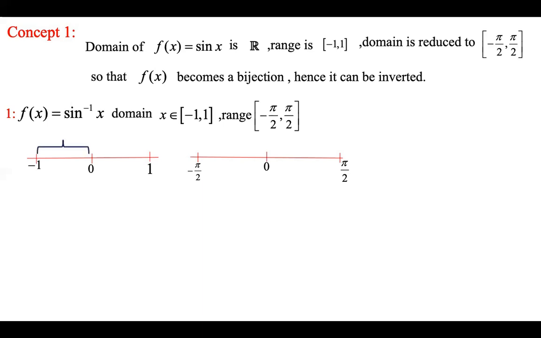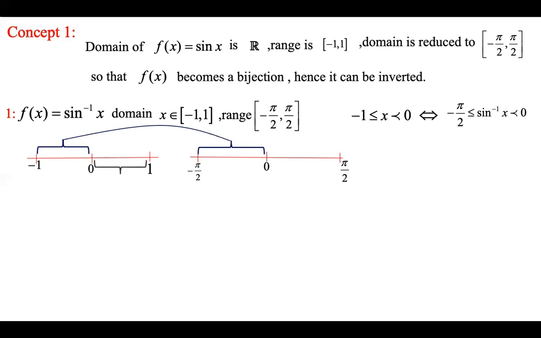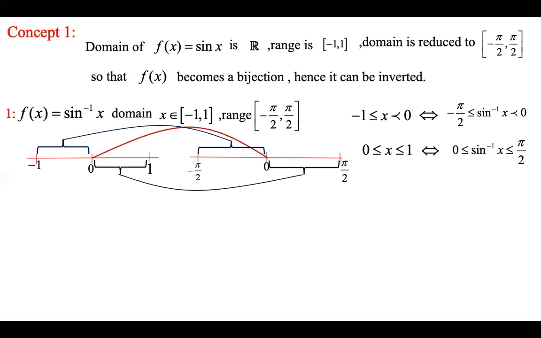When x is from minus 1 to 0, the corresponding sine inverse x value will be from minus pi by 2 to 0. That is, the left part of 0 goes to the left part of 0 under sine inverse x. The right side, the 0 to 1 part, is shifted to the 0 to pi by 2 part. So under the sine inverse function, the left part goes to the left, the right part goes to the right, and the middle one goes to the middle point. This is the behavior of sine inverse of x.